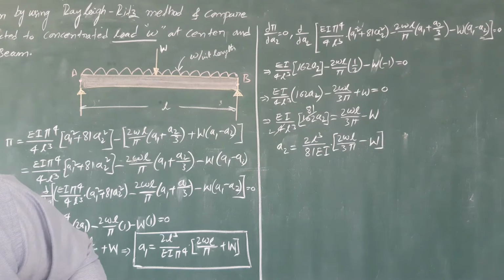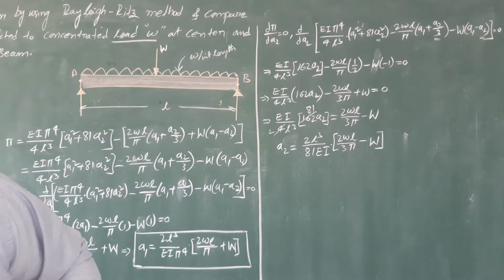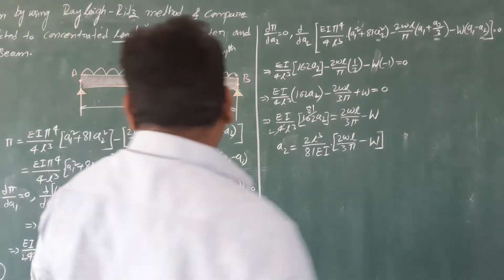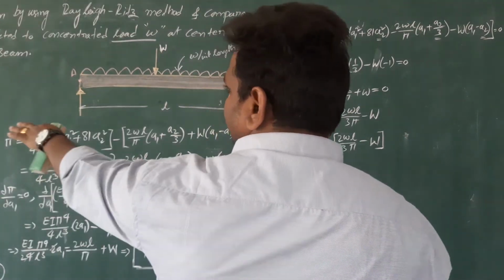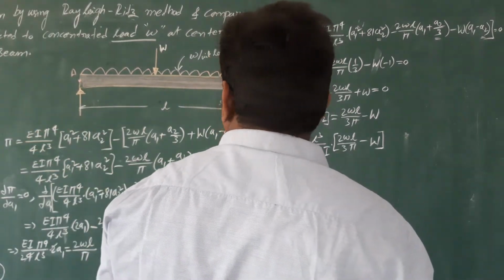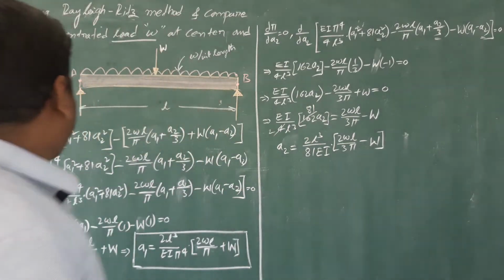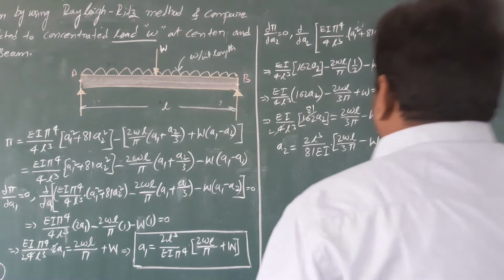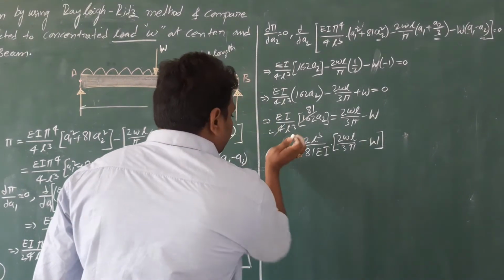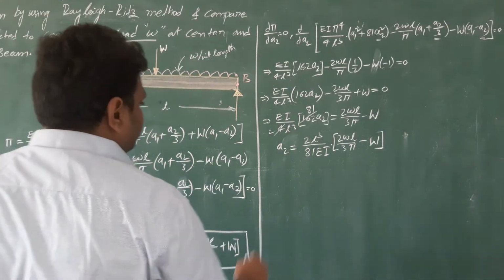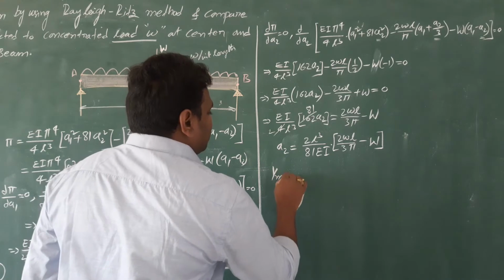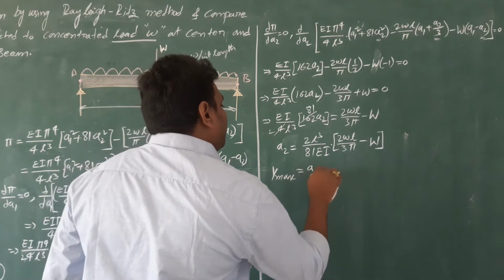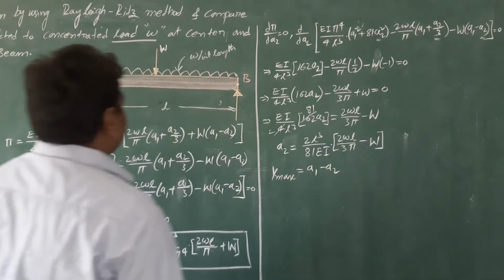So substitute these two values in the equation for y max, then we will get the final solution. So we know that the maximum deflection occurs, y max is equal to A1 minus A2.